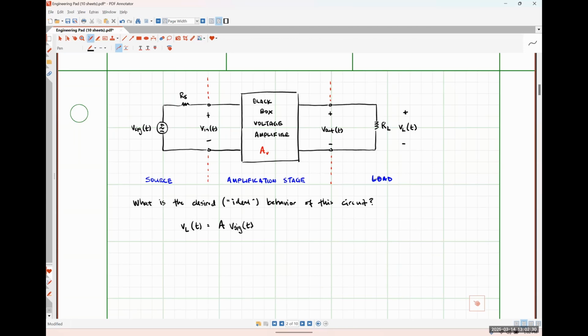Okay. Now, what we are going to try to do here, and I know this is going to seem perhaps a little odd because it definitely is, but we are going to try to infer using Thevenin's theorem what a circuit representation of that black box might be, okay? And so this representation that we're going to come up with is what's called the practical amplifier model.